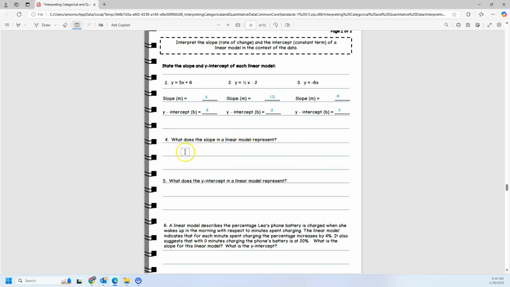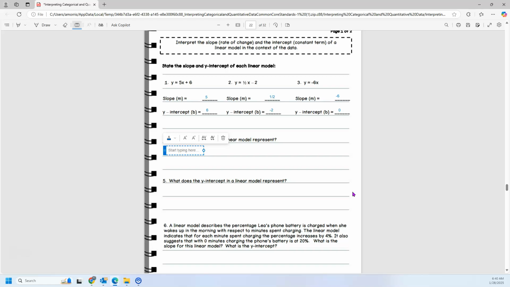What does the slope in a linear model represent? So we talk about slope representing the change in y over the change in x. So in class, I talk about the change in y, like I do that little delta triangle over the change in x.